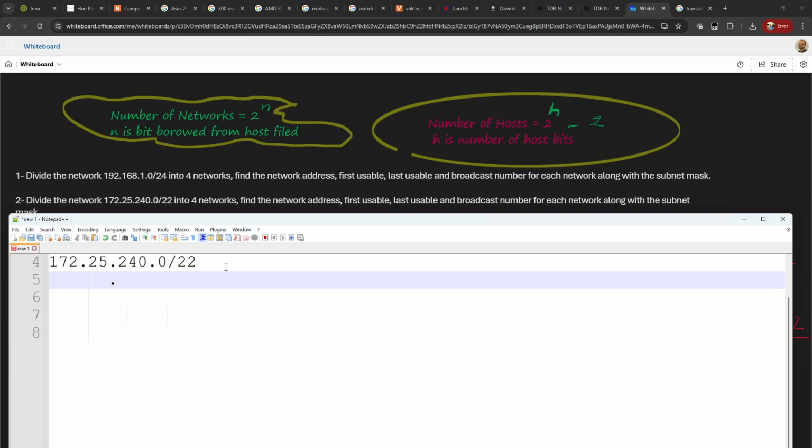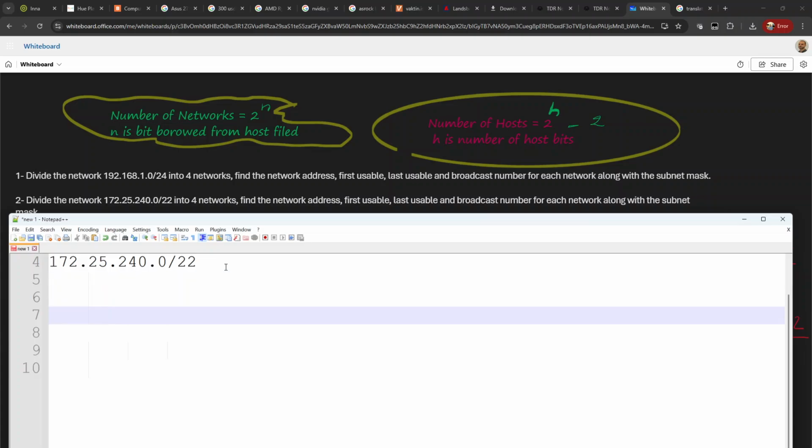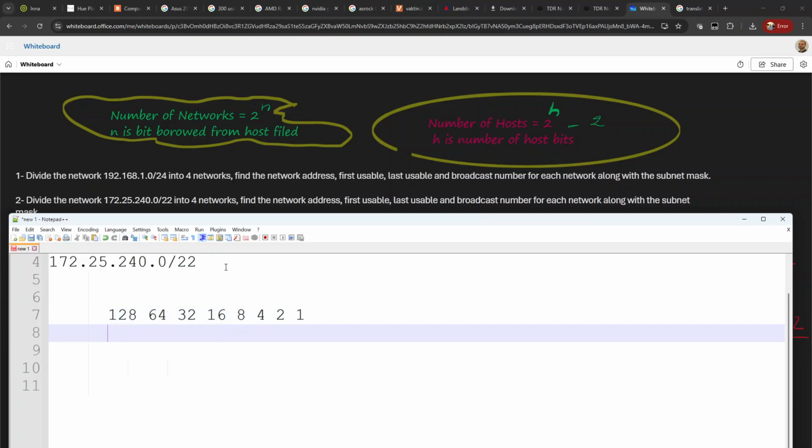So I'm going to write 240 in binary. Let me write the base of 2 on the top: 32, 16, 8, 4, 2, 1. Is there 128?